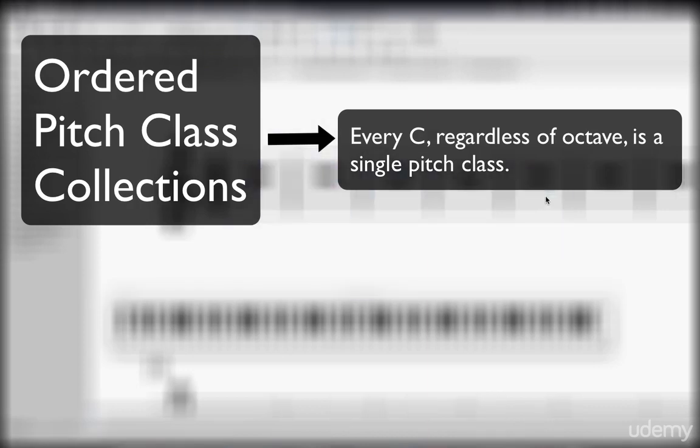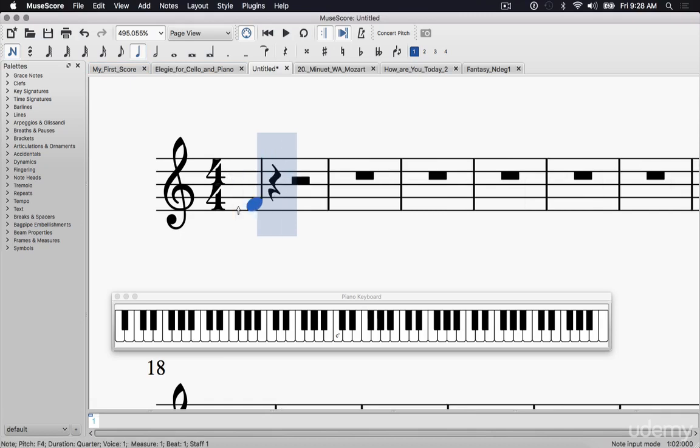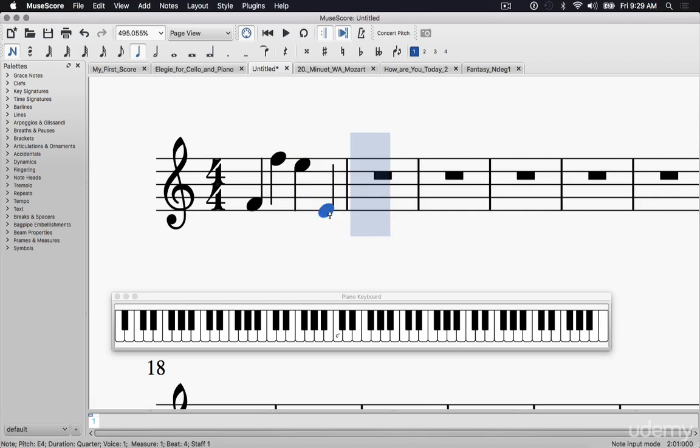So what that means is here's an F, here's an F, here's an E, and here's an E. Okay, so I have F, F, E, E in different octaves, right?